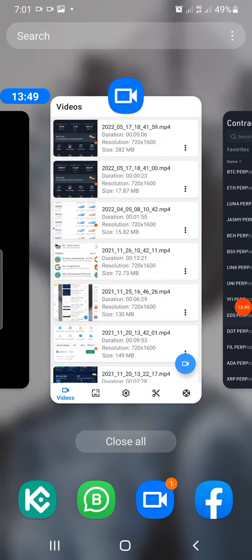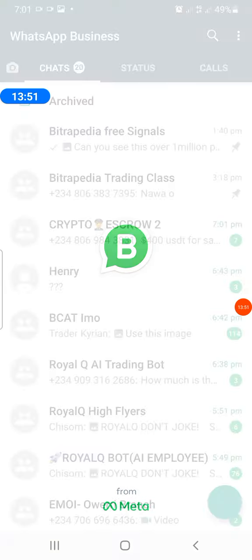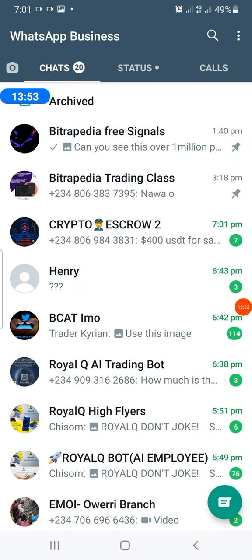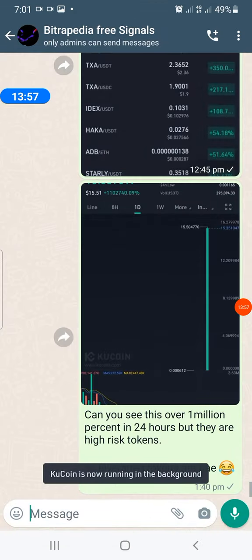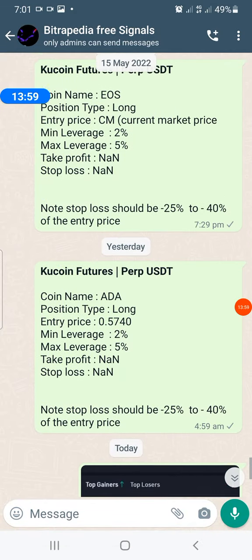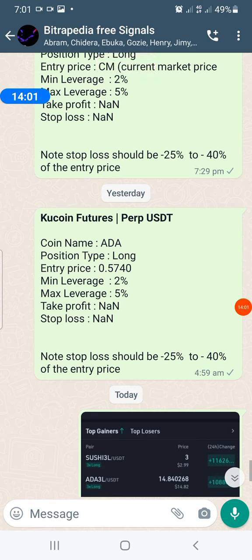Okay, let's go into our signal group. This is where I gave a signal like this. KuCoin futures perpetual. This one is called perpetual contract USDT, which is USDT margin, sorry.